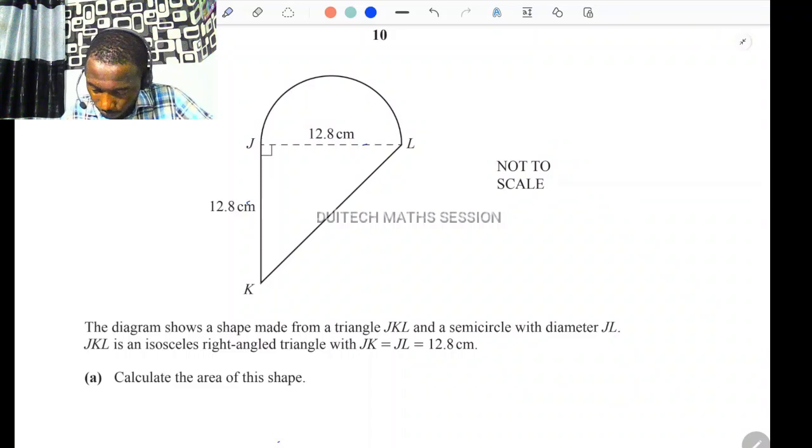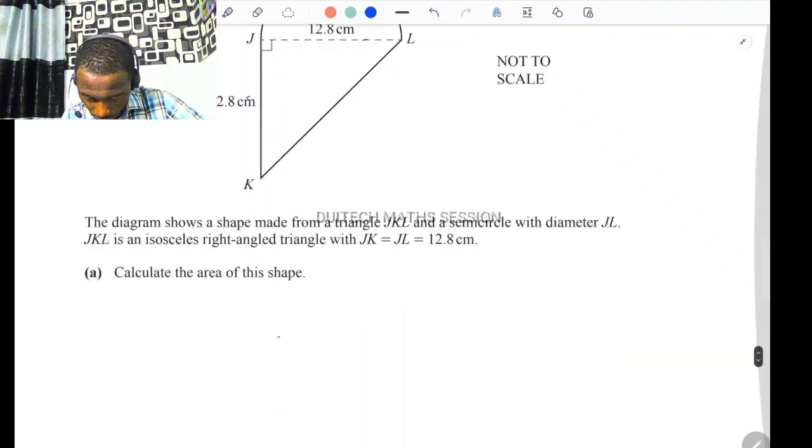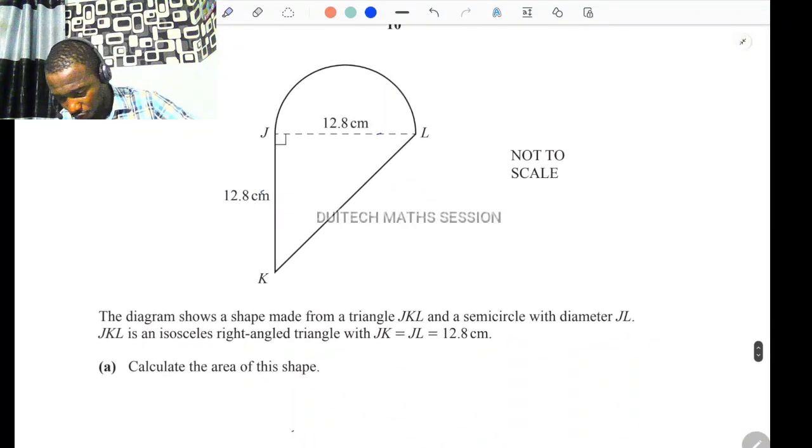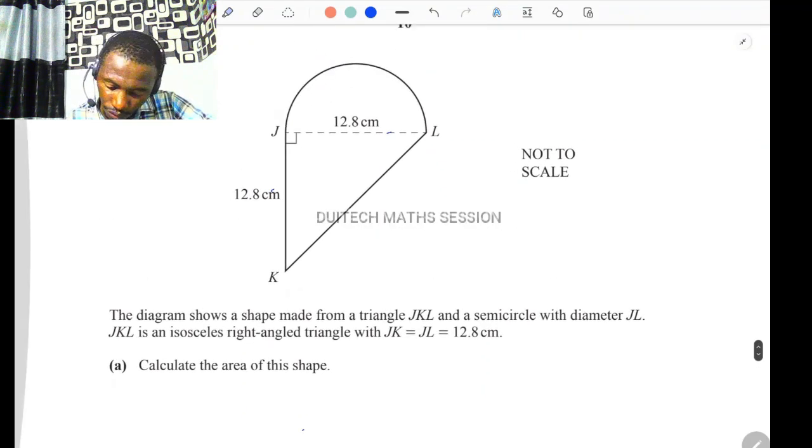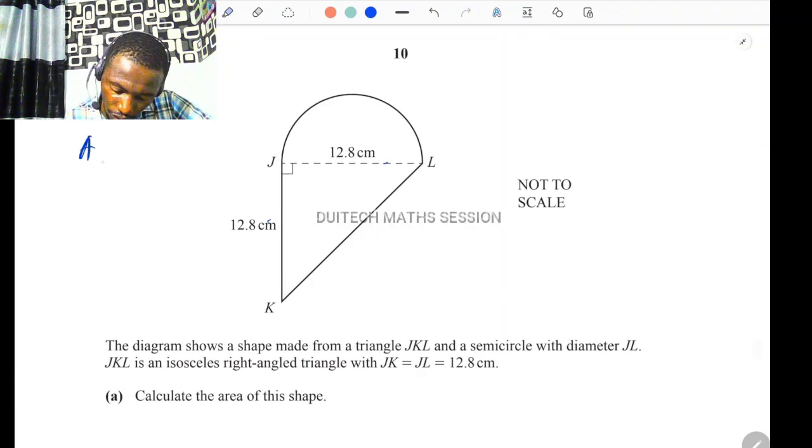So this one says we should find the area of the shape. First of all, we'll find the area of the shape, right? So we have two shapes here. We have a semicircle and a right-angled triangle. So the area of a circle is pi r square, so the area of a semicircle is equal to pi r square over 2.